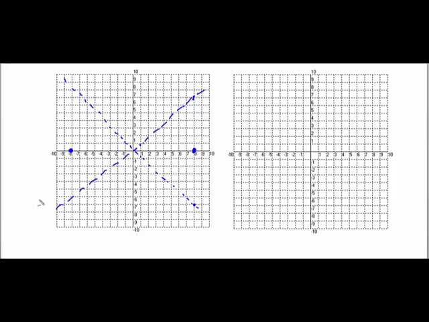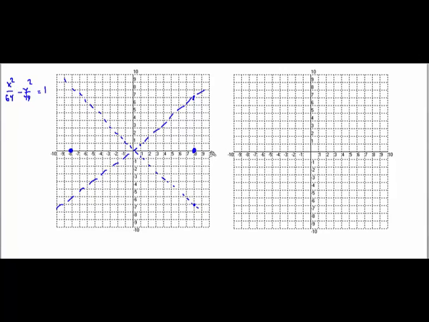And what I'm going to do is take my original equation, which was x squared over 64 minus y squared over 49 equal to 1. And I am going to plug 10 into my x.